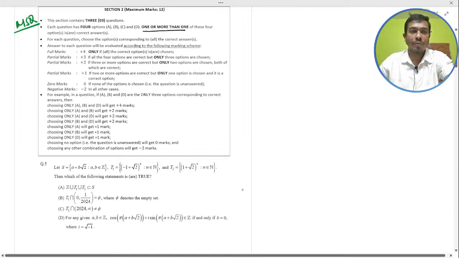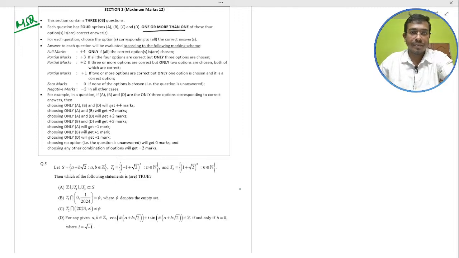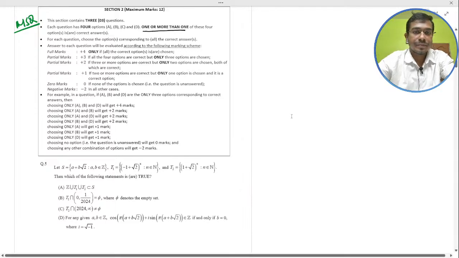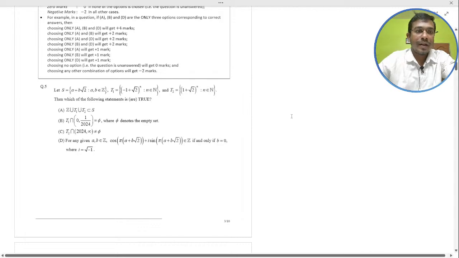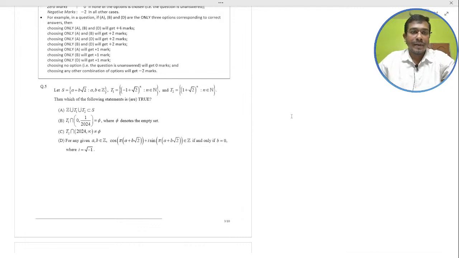One or more than one option may be correct. Let S be a plus b root 2, a, b belongs to Z, T1 is minus 1 plus root 2 to the power n, T2 is 1 plus root 2 to the power n, then which one of the following statements is or are true?